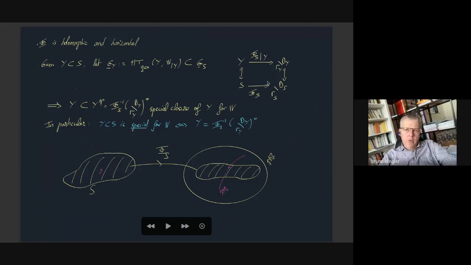And what I'm claiming is that the special subvarieties are exactly the preimage under the period map of this Dy mod gamma y. So understanding Hodge loci is really understanding the intersection of the image of S under this holomorphic map with all the Dy mod gamma y's. Okay. So this is what is summarized in this blue line. A special subvariety is exactly the preimage of such a guy.